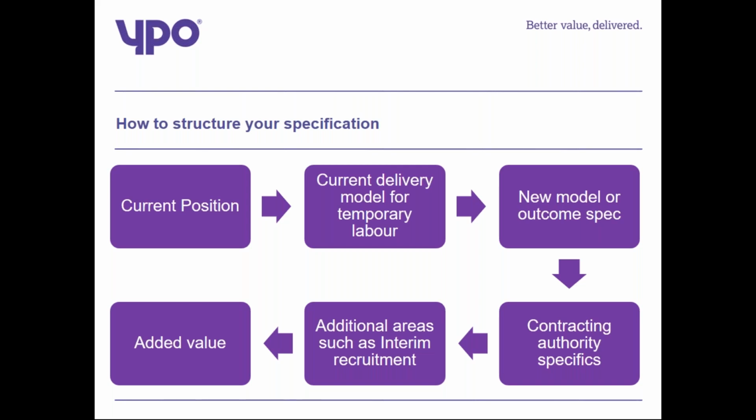The next thing is to go on to then, is there any additional areas such as interim recruitment or talent pool management that you wish the provider to look at with you? So for example, if you're procuring your interim recruitment through the contract, I would 100% separate this out into its own section to help providers understand how you want this element of the work to be effectively managed, because it is so different.